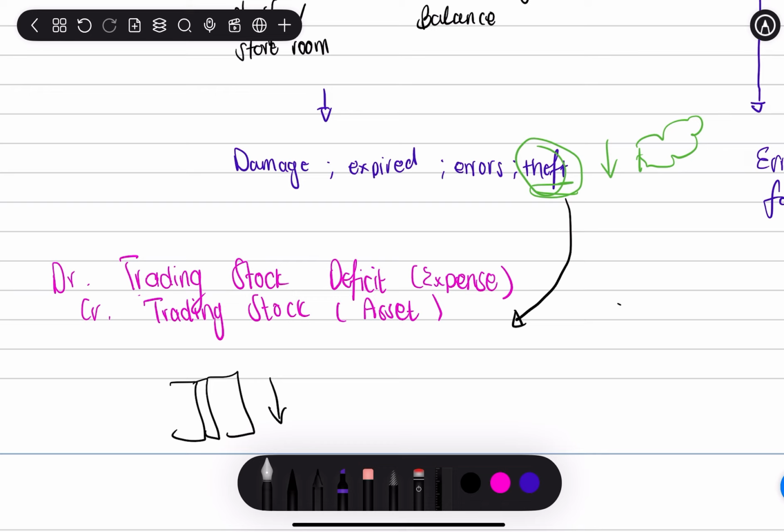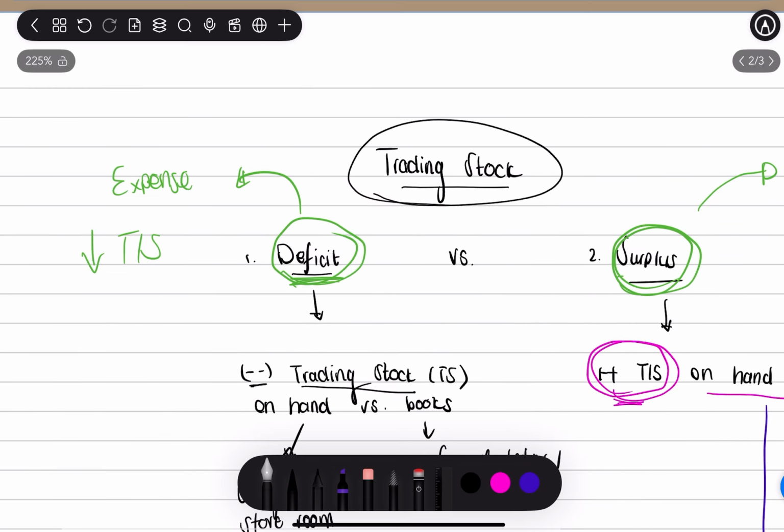So now that we know that certain amounts of goods were stolen, let's say 10% of goods were stolen, we need to bring our asset balance down to what's actually there. So trading stock in books must always reflect what's on hand.